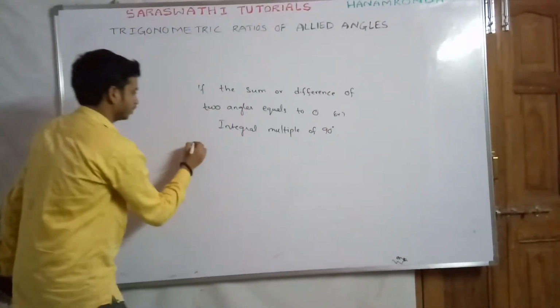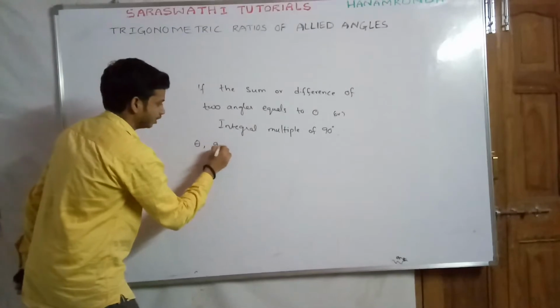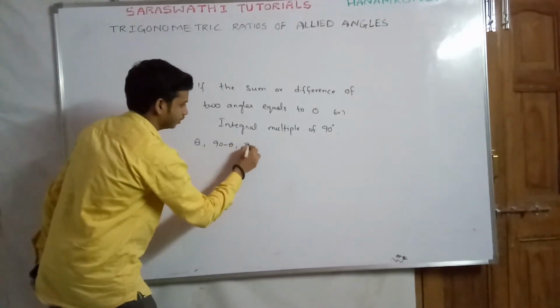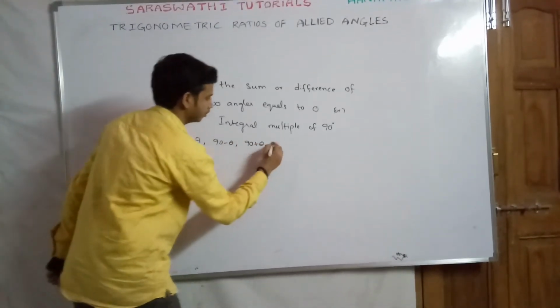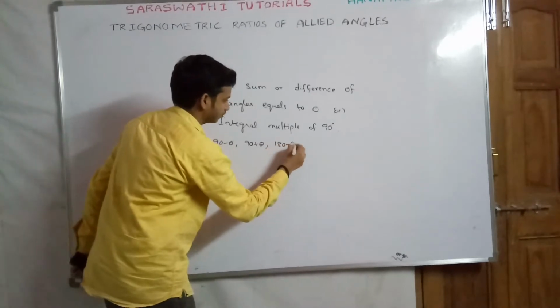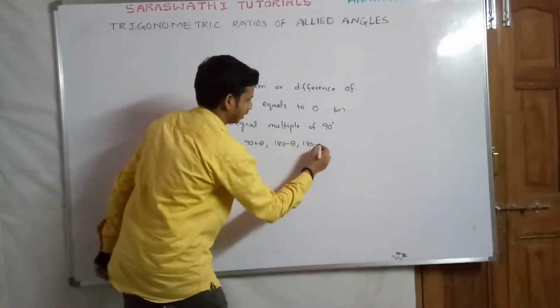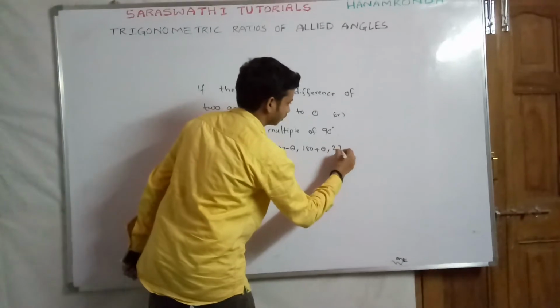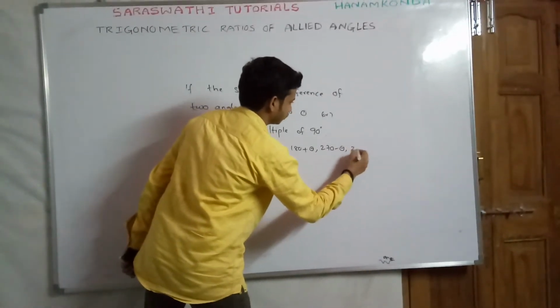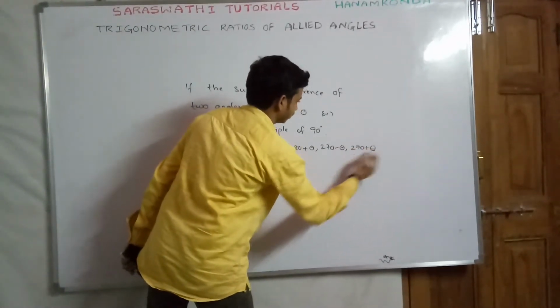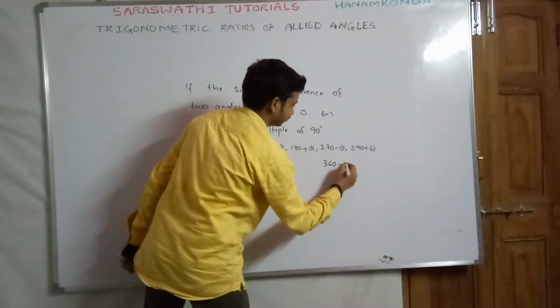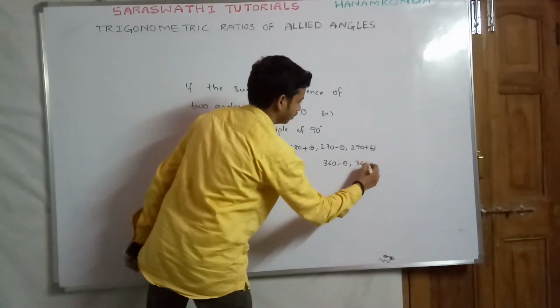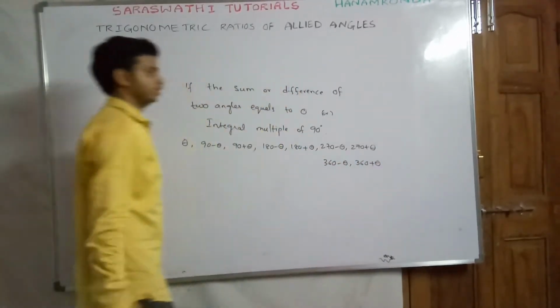For example, theta, 90 minus theta, 90 plus theta, 180 minus theta, 180 plus theta, 270 minus theta, 270 plus theta, 360 minus theta, 360 plus theta. These are the allied angles.